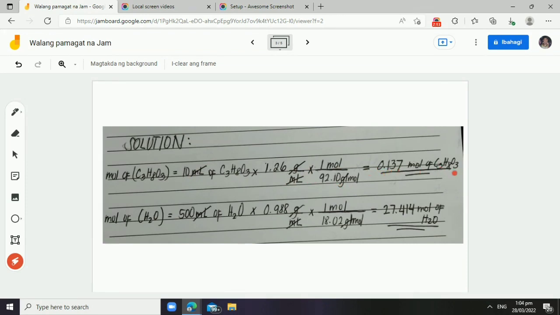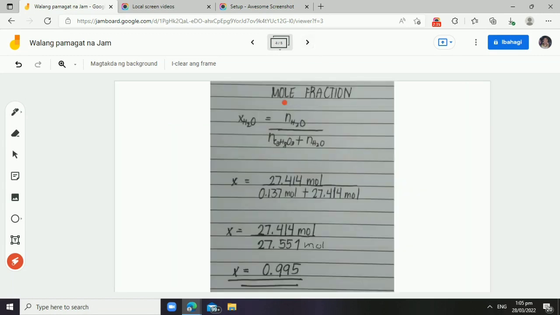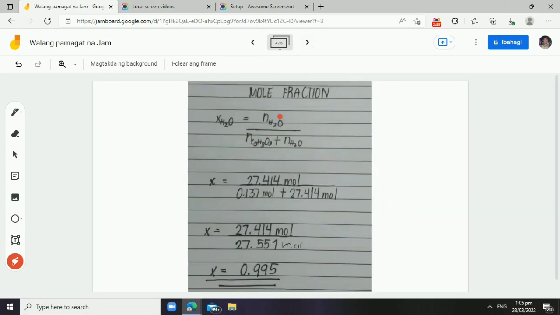Next is sa water naman. We have 500 ml of water multiplied by its density, which is 0.988 gram per milliliter, multiplied by 1 mole divided by its molar mass, which is 18.02 gram per mole, and we are going to get 27.414 moles of water. Next step is kukunin natin yung mole fraction. In this problem, ang ating solvent is water, kaya siya ang ating numerator.